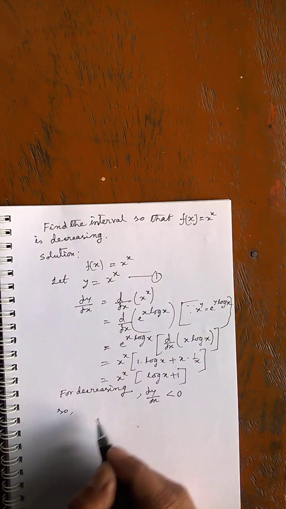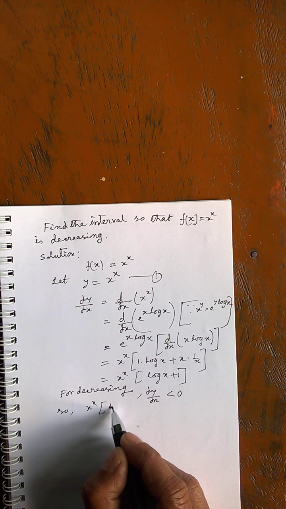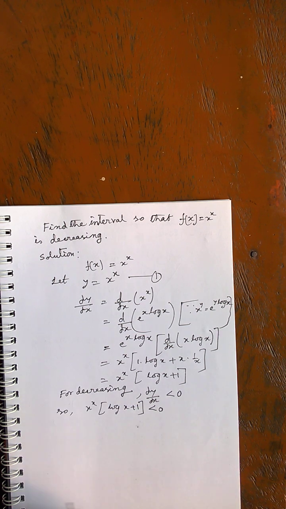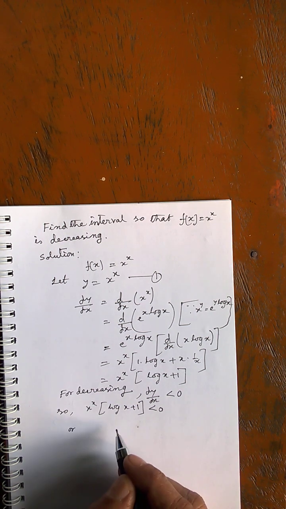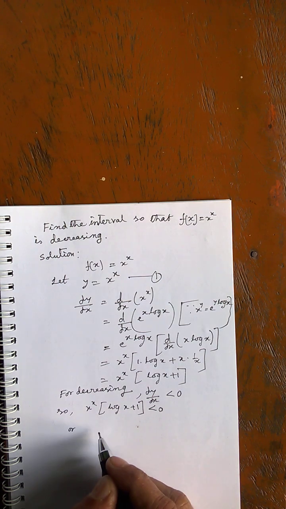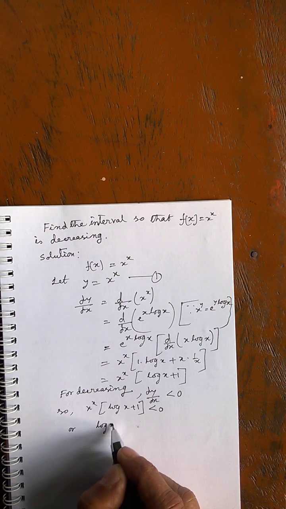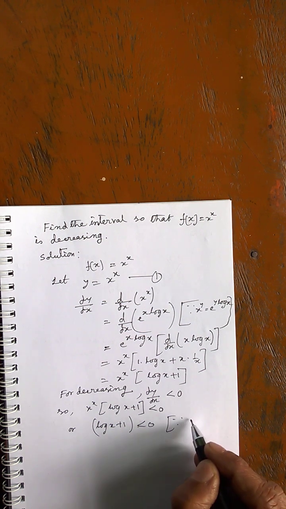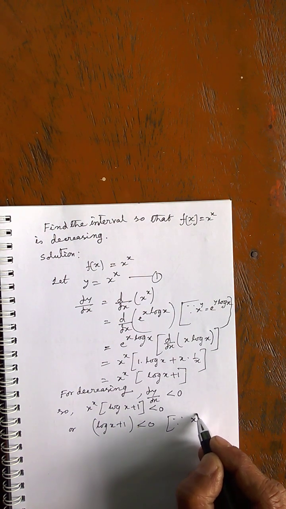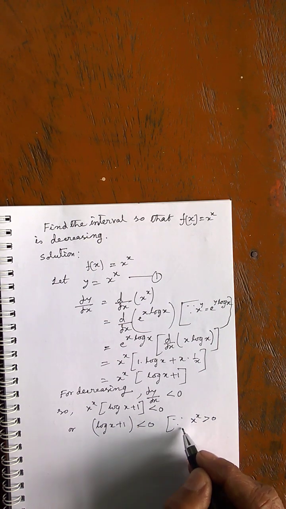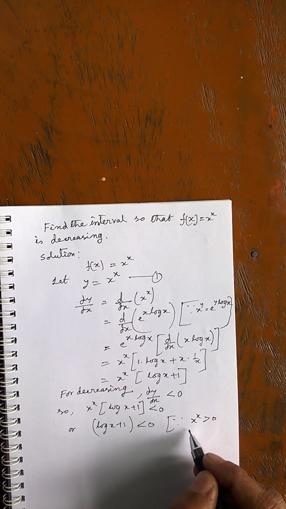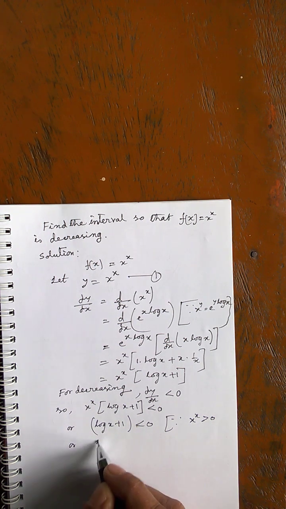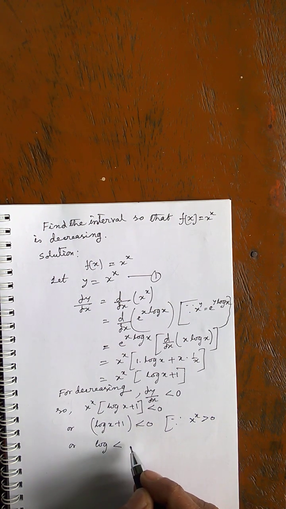So x^x (log x + 1) less than 0, or log x + 1 less than 0, as x^x is greater than 0, or log x less than minus 1.